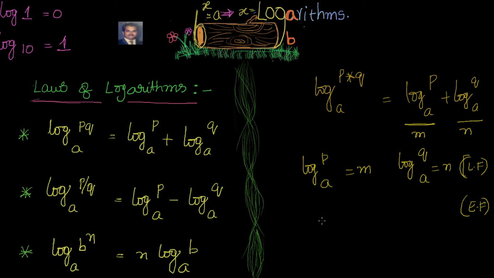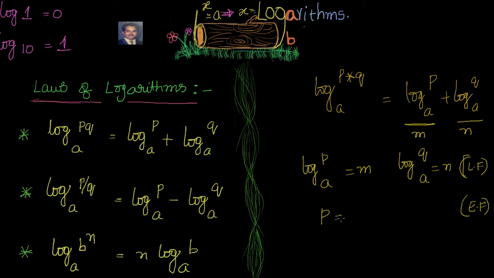What will they become? The definition of logarithm says that the logarithm of a number, that is m, is equal to the exponent to which the base has to be raised so that the result is the number.